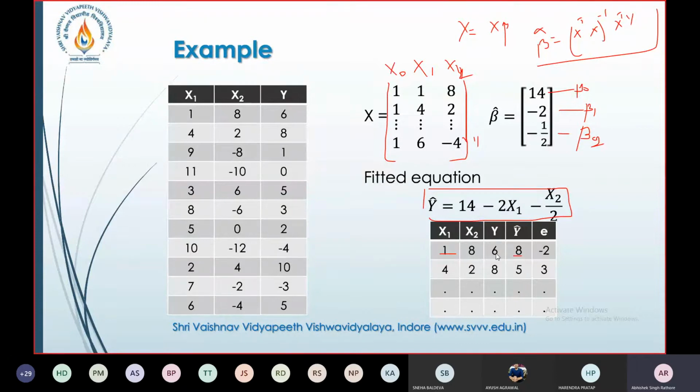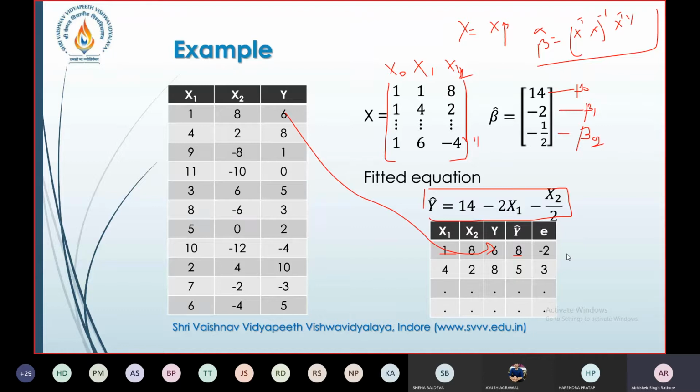This is my original y, and this is my estimated y here. Similarly for all 11 instances. So this is my residual, which is -2, -3 and so on. When we compute this y hat and residual, we get 11 residuals.